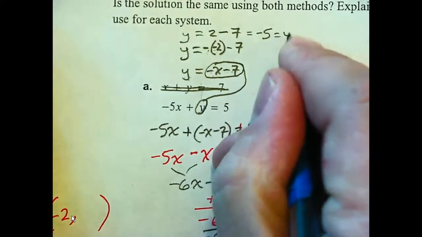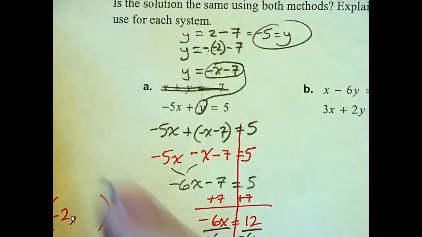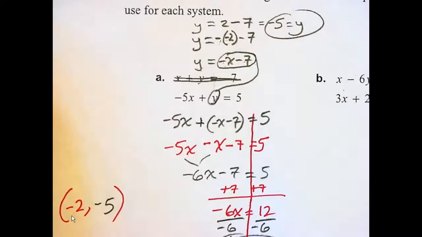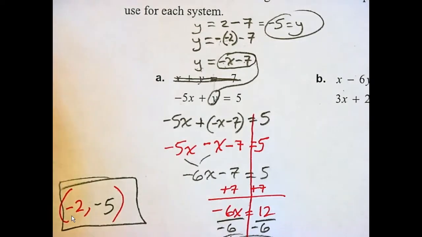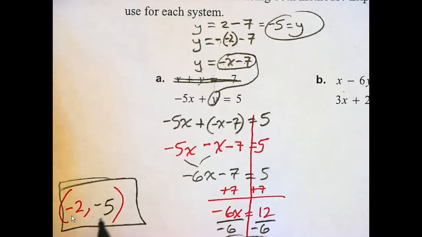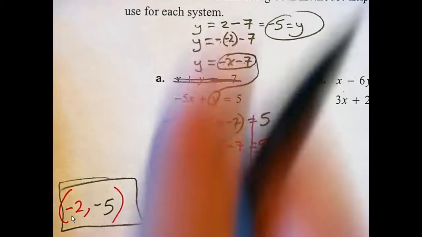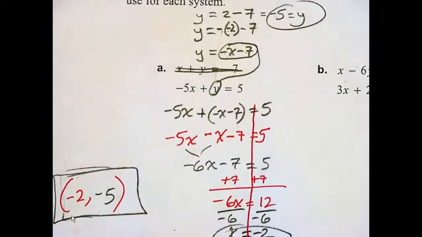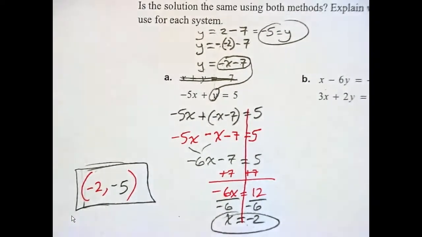So y equals negative 5. We now have our coordinate negative 2, negative 5. If you were to graph those 2 lines, tell your neighbor what this would mean. That would be where they intersect. Good, as that is where they intersect. All right. Any questions?